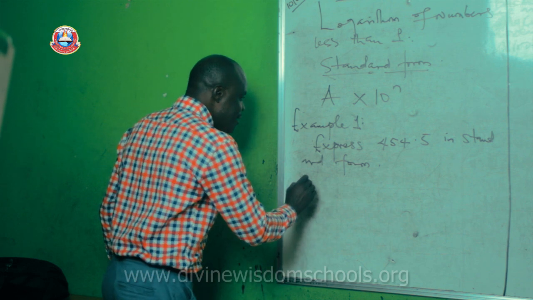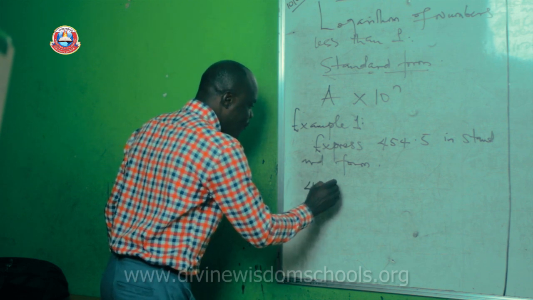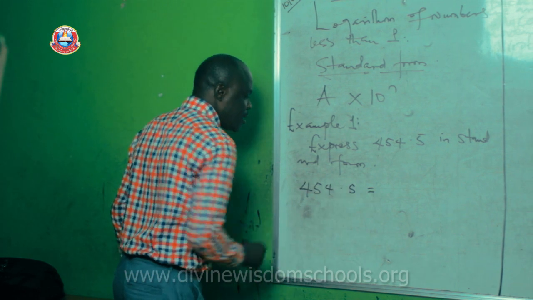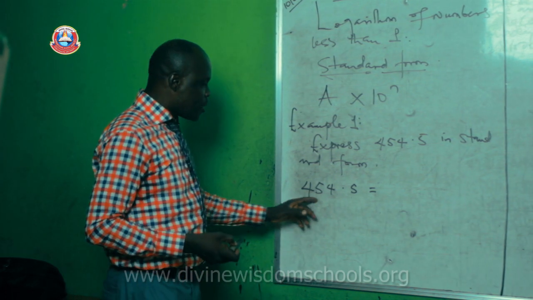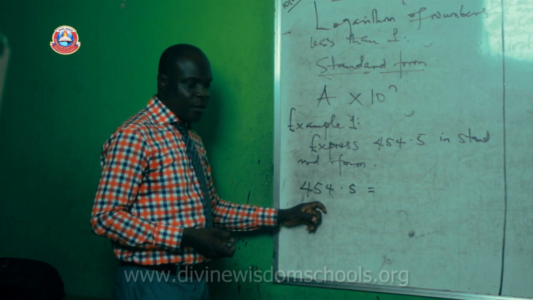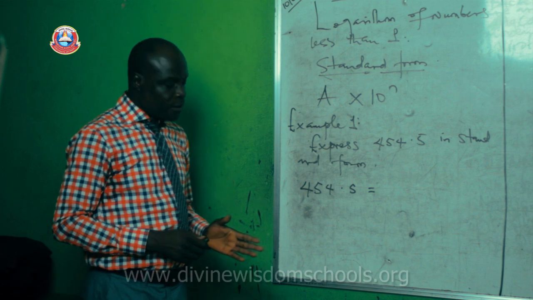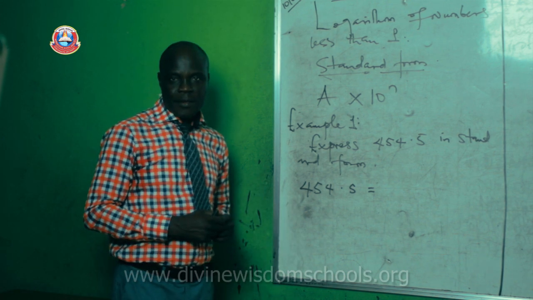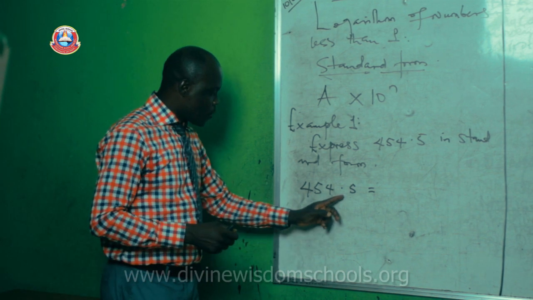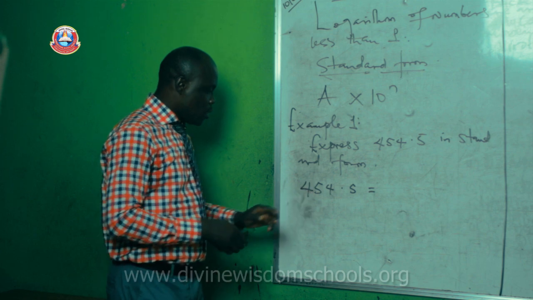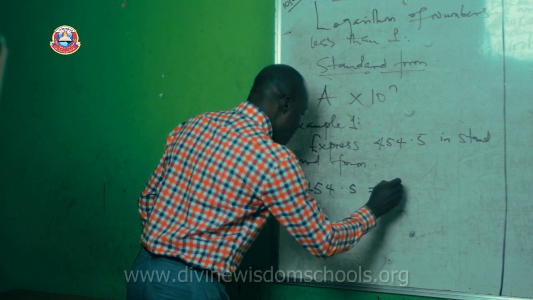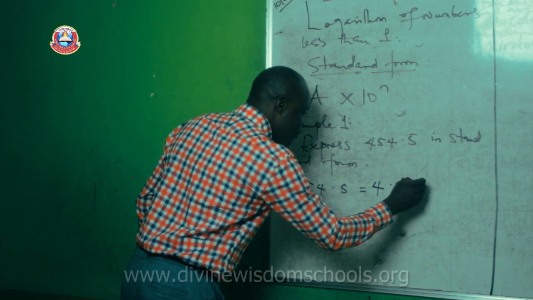So, we can write this as 454.5. This one obviously is more than 1, it's even more than 10. We move the decimal point 2 places to the left. So, 1, 2. This becomes 4.545.